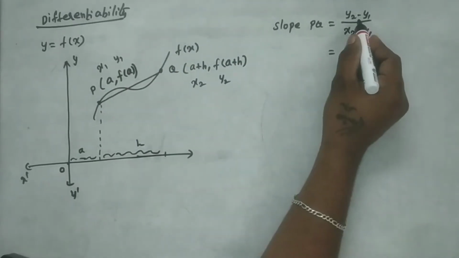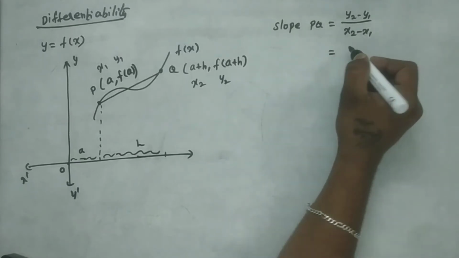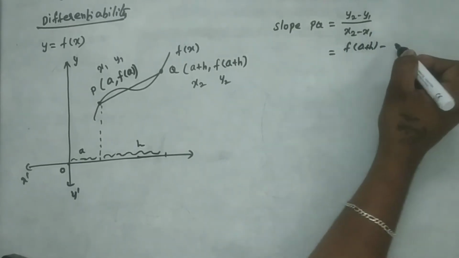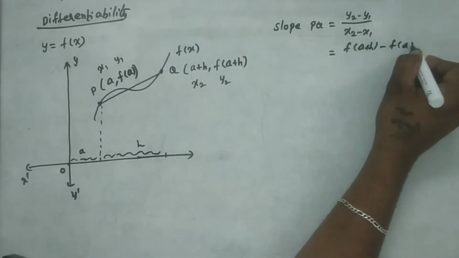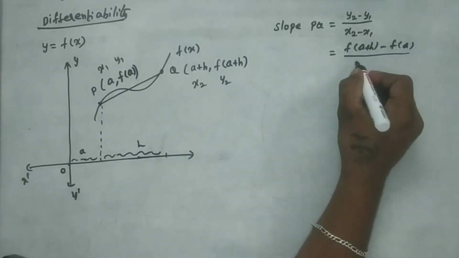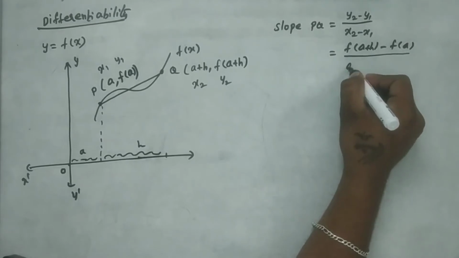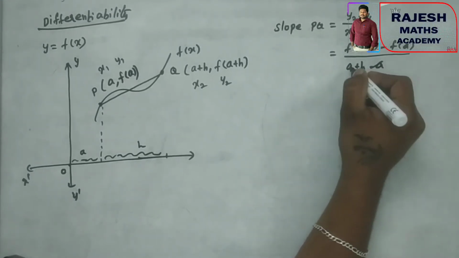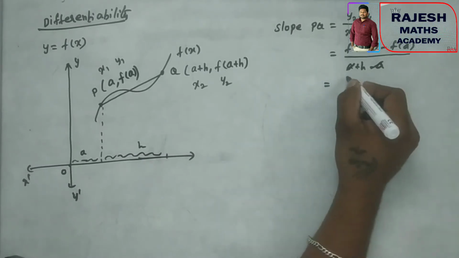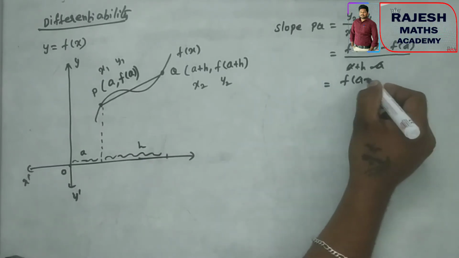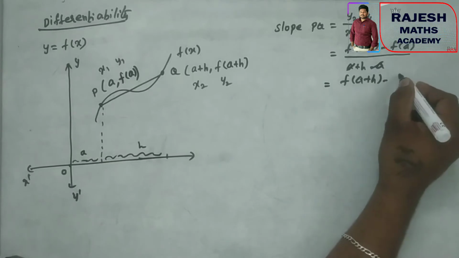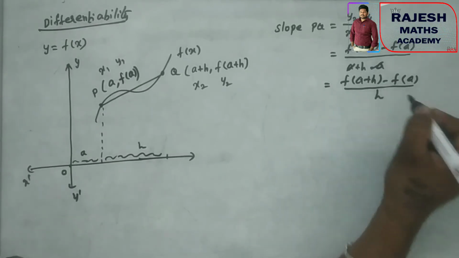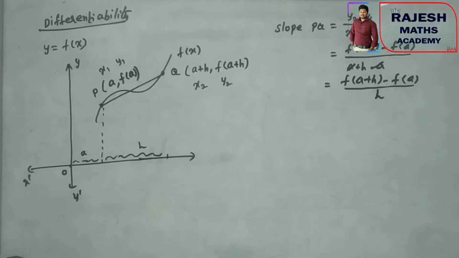So our slope of the straight line PQ equals f of a plus h minus f of a, divided by a plus h minus a. The minus a and plus a get cancelled, so our slope will be f of a plus h minus f of a, divided by h. It is the slope of the straight line PQ.